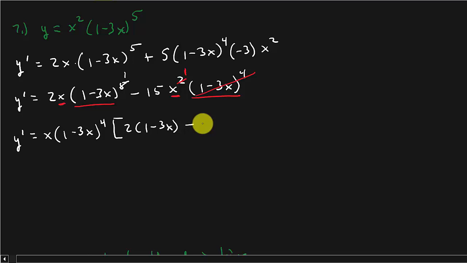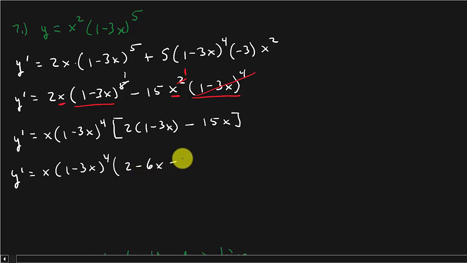So that's minus 15x. And so I've got y prime is x times 1 minus 3x to the 4th times 2 minus 6x minus 15x. And so y prime is x times 1 minus 3x to the 4th times negative 21x plus 2.